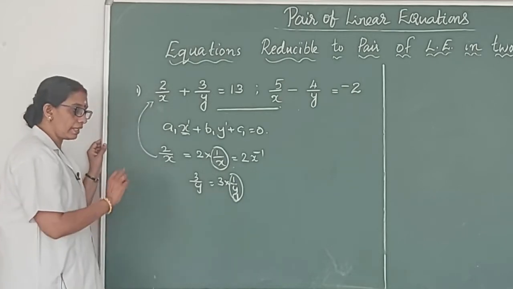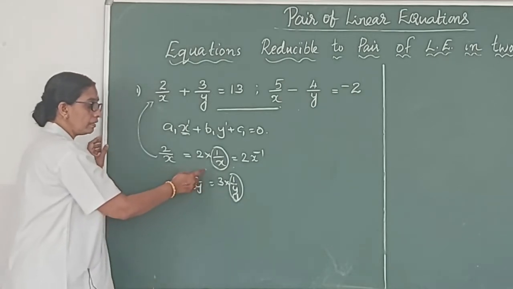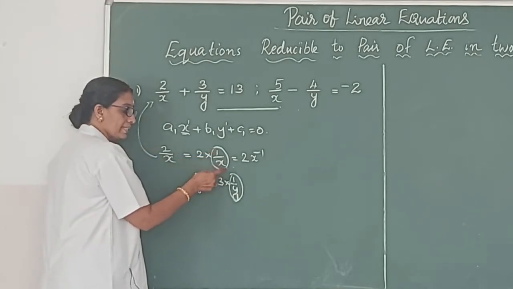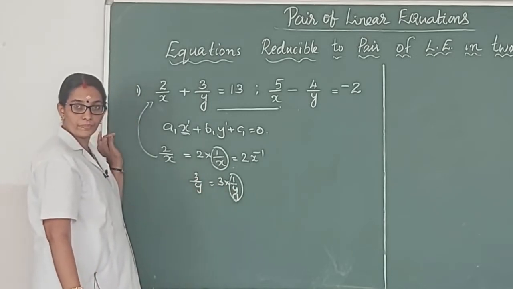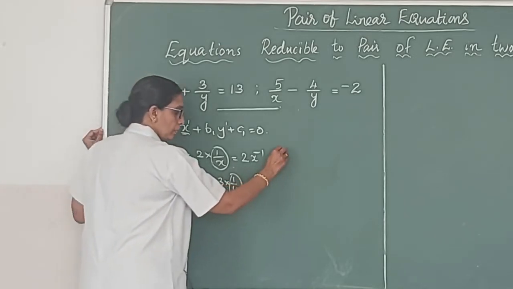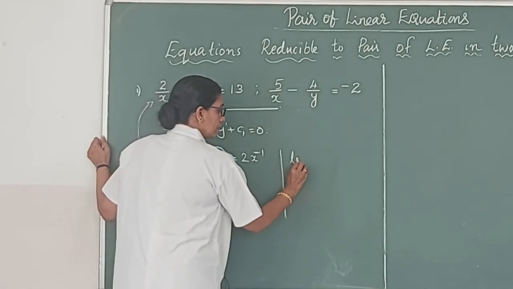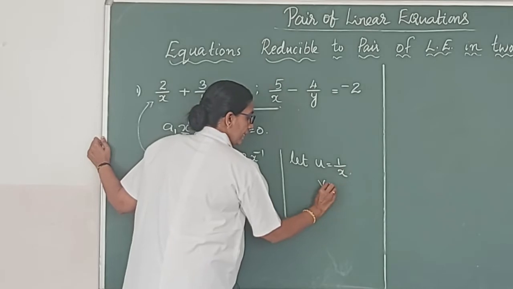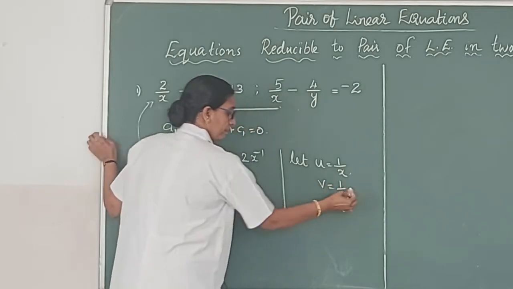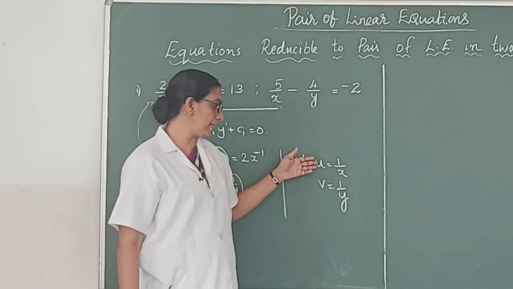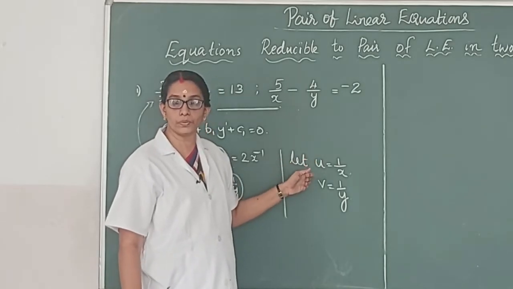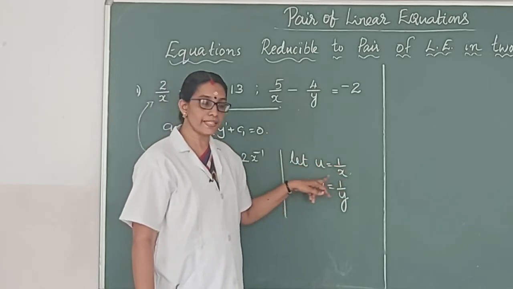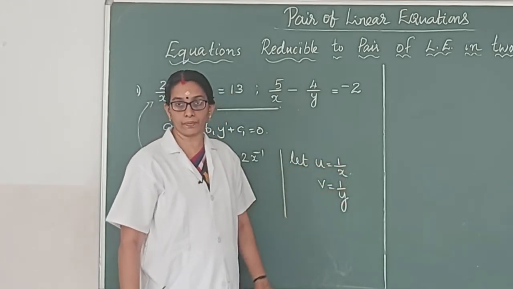So we give another variable for this 1 by x and this 1 by y. Let u equal 1 by x and v equal 1 by y. You can take any other variables like a and b or p and q. Here I have taken u as 1 by x and v as 1 by y.